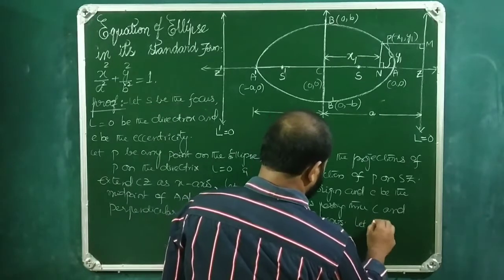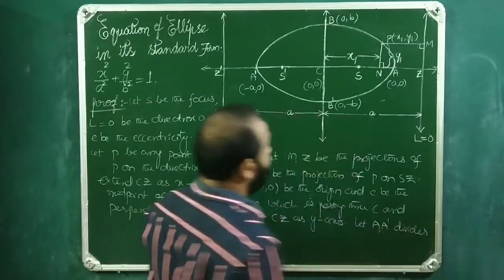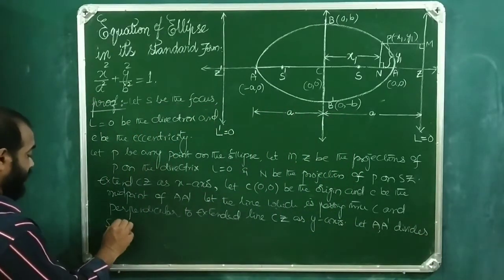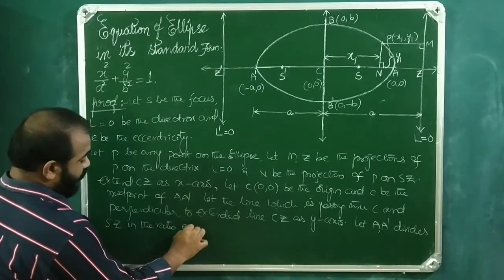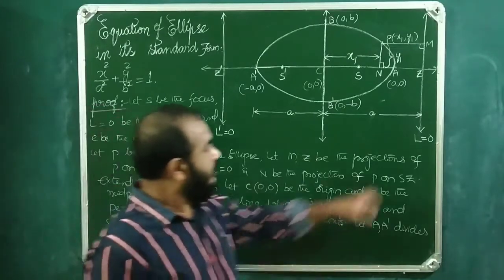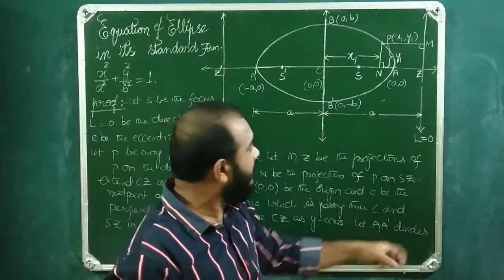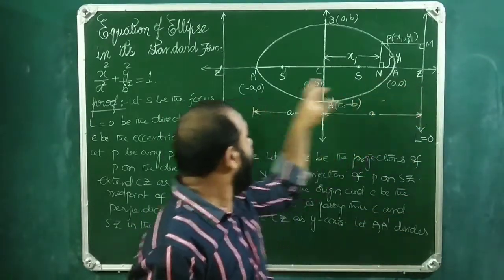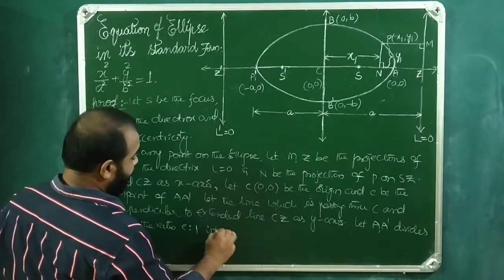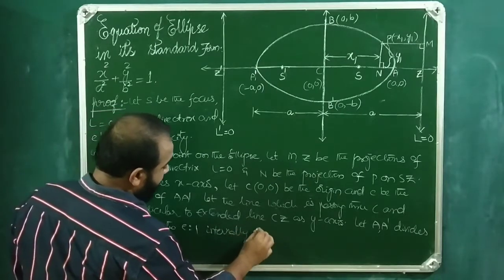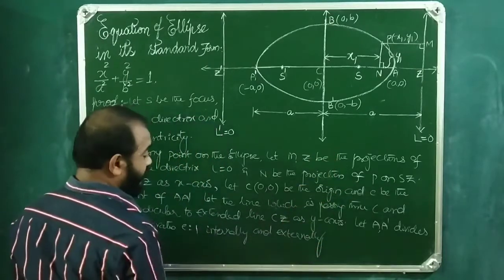Let A comma A dash divide SZ in the ratio e is to 1, A internally and A dash externally, e is to 1 respectively.